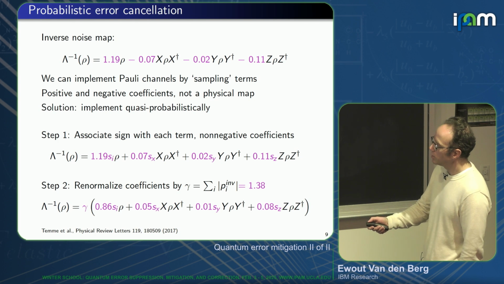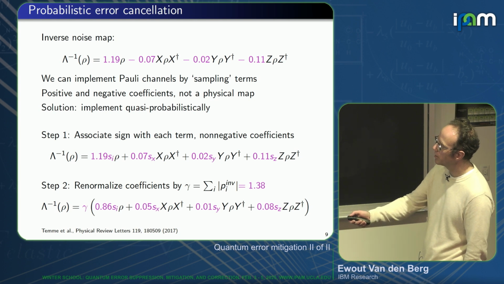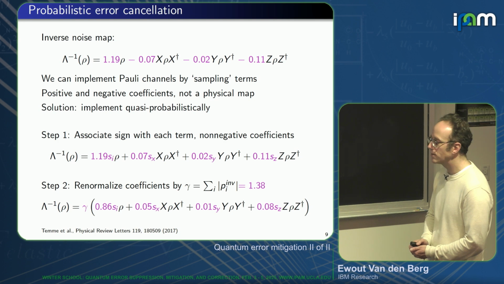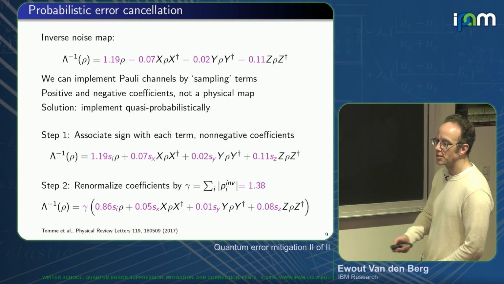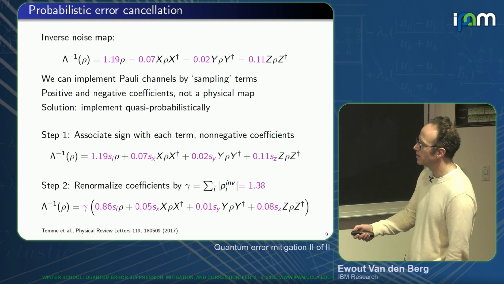The first step is to associate a sign with each term, so you have a non-negative coefficient. So you have 1.19 that was here, but here we have minus 0.07. We say this is 0.07 times the sign of x, which will be -1, and then you just have your x term here.